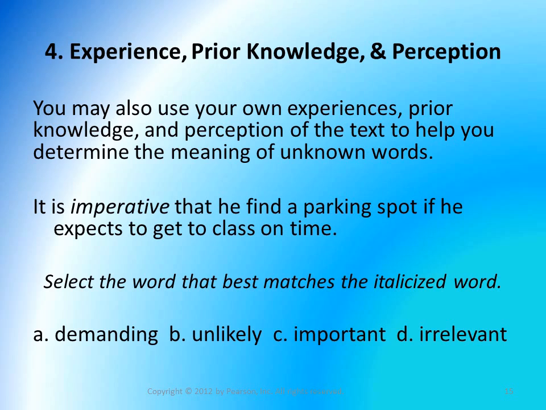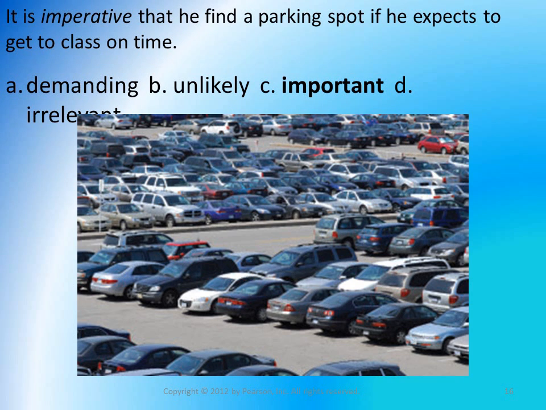So we can think back to our experiences of trying to find a parking spot when it's a very crowded parking lot. In addition, we can relate to trying to be somewhere on time in a situation like this. So in this situation, we know that it is imperative to find a parking spot, therefore important to find a spot because we're running low on time. So what we're doing here is we're using our life experiences to help us identify words. So in this case, imperative would be important.